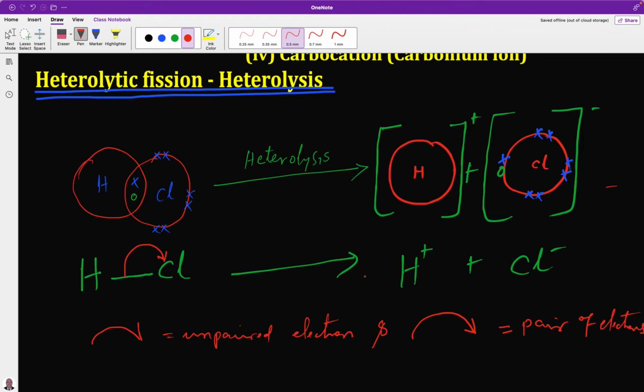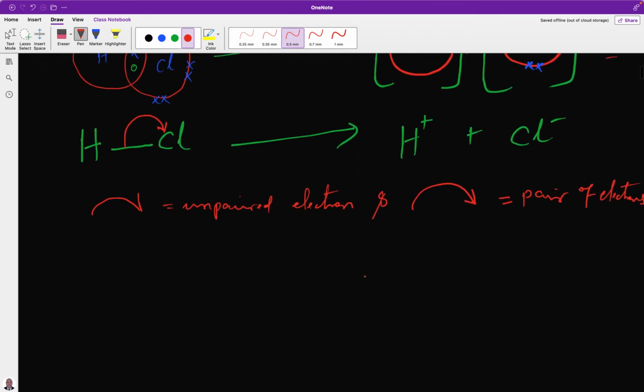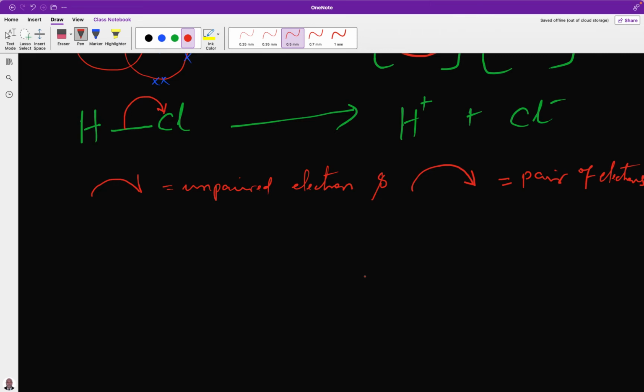You should know that heterolytic fission also occurs in compounds with a carbon-X bond, where X is the more electronegative atom.